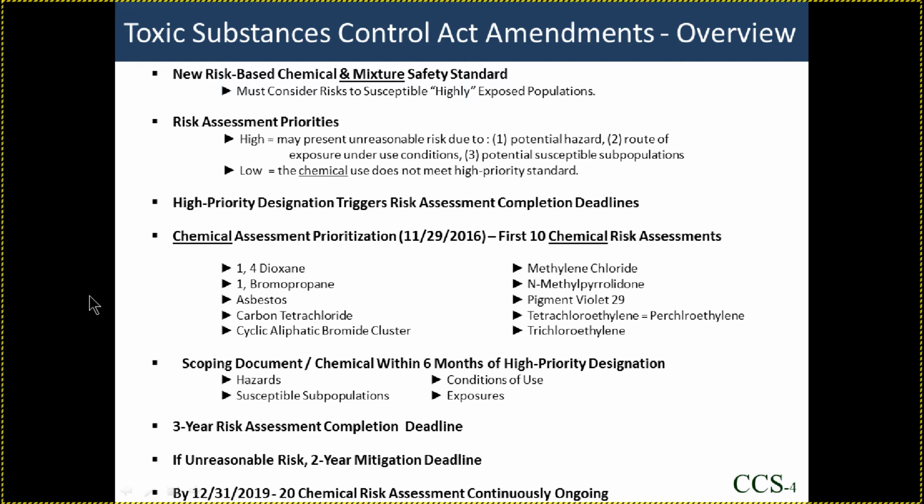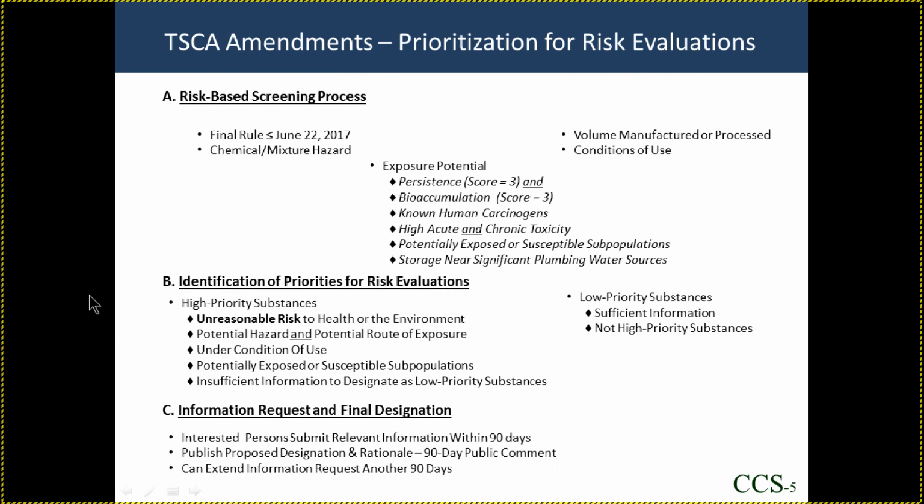But think about that. Right now EPA's inventory is somewhere around 84,000 chemicals, and since they're looking at existing and new chemicals, it's going to take them a long time to work through that whole process, and that's why the prioritization step becomes so critical.